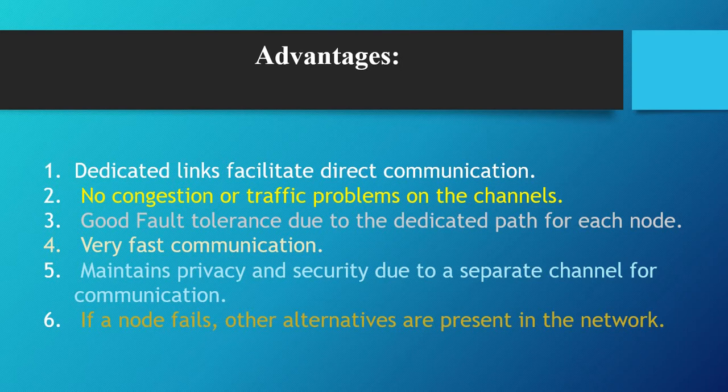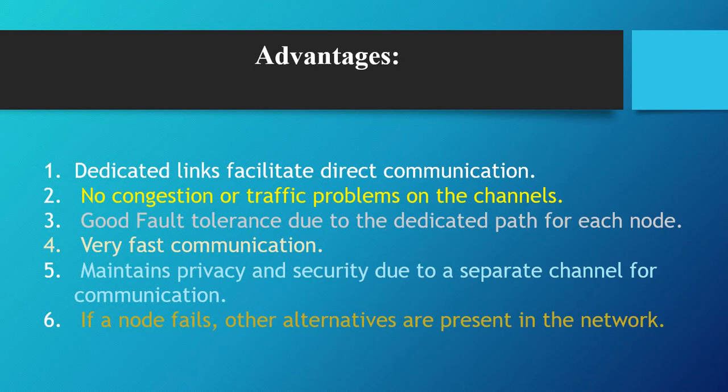It is very fast for communication, maintenance, privacy as well as security, because each and every channel is separate for communication. And if a node fails, an alternative is present for that network. So these are the advantages of mesh topology.